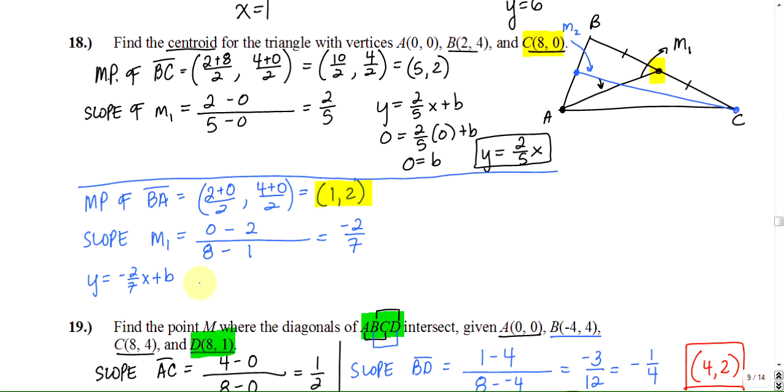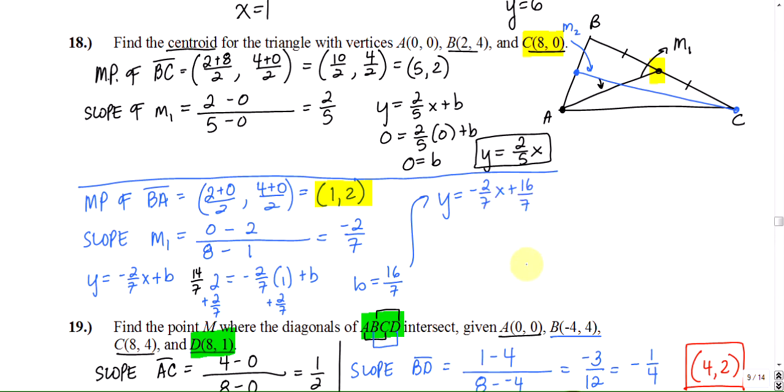I don't know really which one's going to be best. 2 is the same as 14/7. So my b value is 16/7. And I'll put it together: y equals negative 2/7 x plus 16/7.